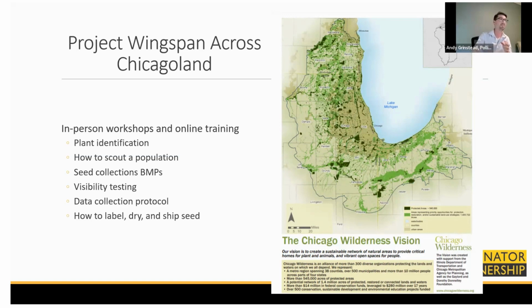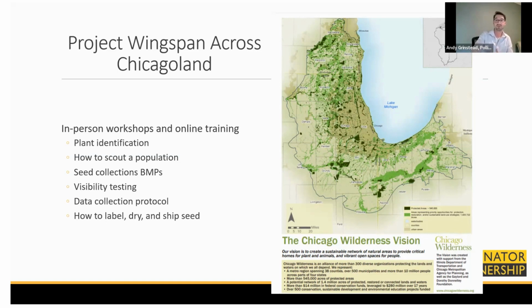On this map that I'm showing, it's probably a little small, but it generally covers northeast Illinois and extends a little bit into Indiana and Wisconsin. The stewards will collect, they'll clean the seed, they will send it again to our partner agency at the Mason State Nursery, which will then redistribute the seed to participating land managers for restoration or enhancement in the Chicago wilderness region.